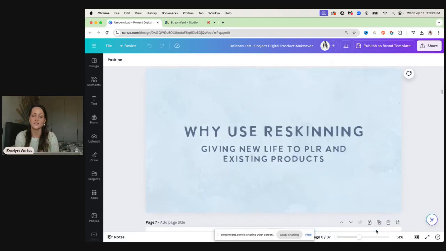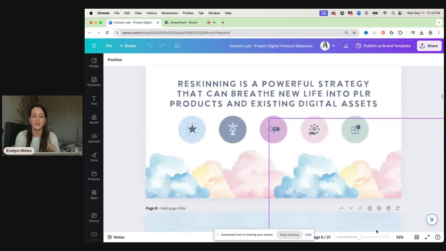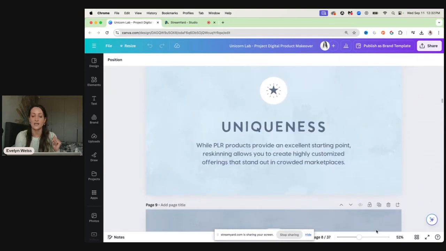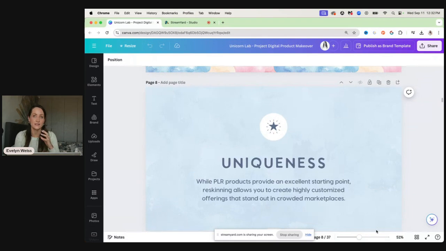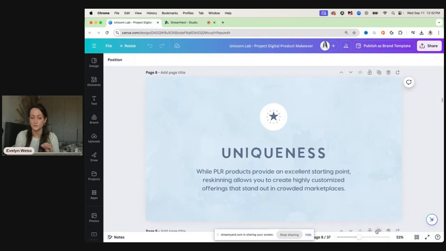Okay, so why reskinning? We would want to give either done for you PLR products or existing products that you've created in the past more life. How do we do this? When we are reskinning, renaming, reframing products, we can take items that are an excellent starting point, right? The sponge for the cake, and we can present it in a way that creates a highly customized experience and offer so we can stand out in crowded marketplaces, right?